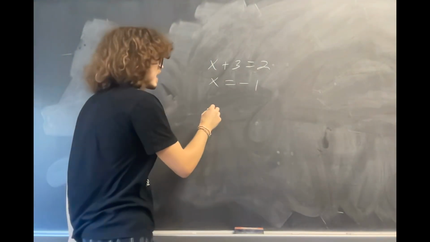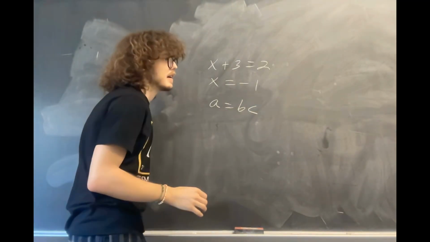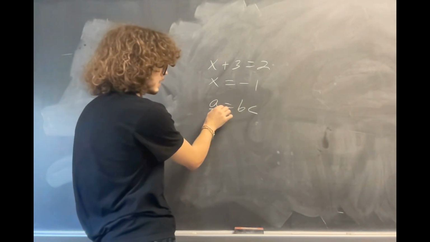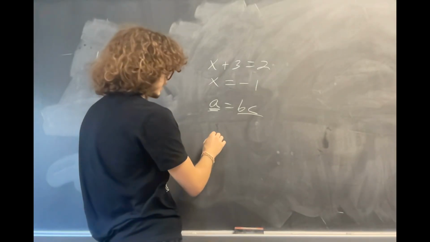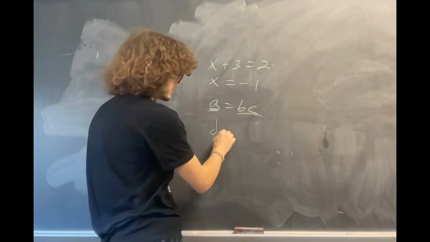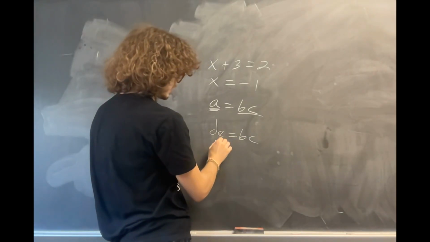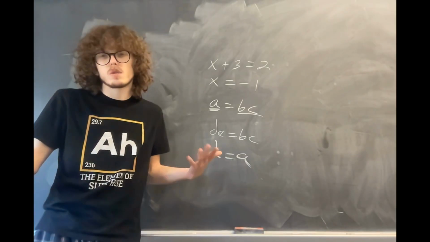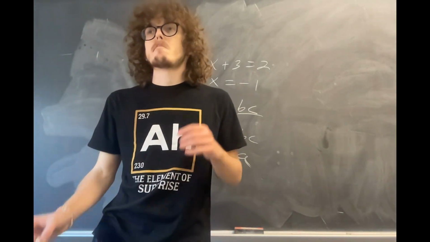So if I say A is equal to BC, and let's say, for example, I needed to insert this variable A somewhere as it relates to BC. So let's say DE equals BC. Well, then you could also write that DE equals A. So as long as you understand those general algebraic concepts and manipulations, it will be great.